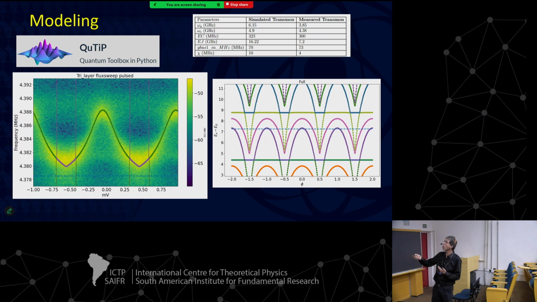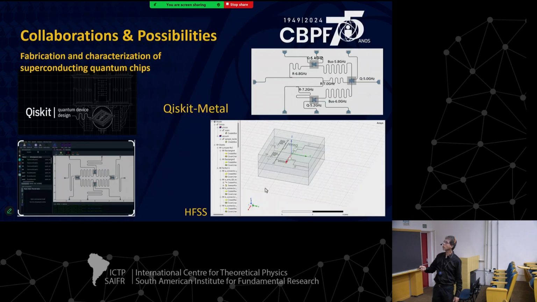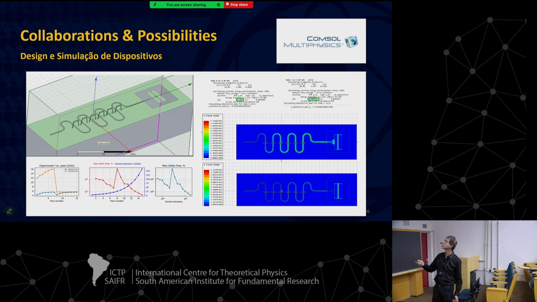We can do modeling of this, of course. This curve behind is one measurement we did, and this is the simulation, the modeling of the system. We can also do all the simulation and design of the waveguide using Qiskit and other software like ANSYS HFSS or COMSOL.